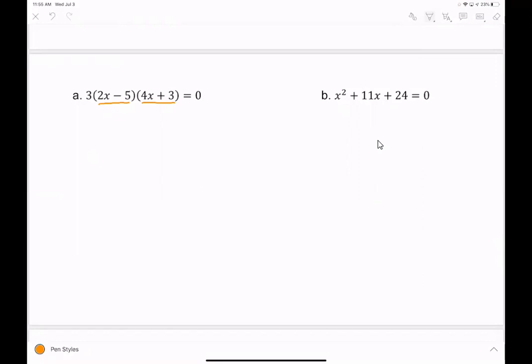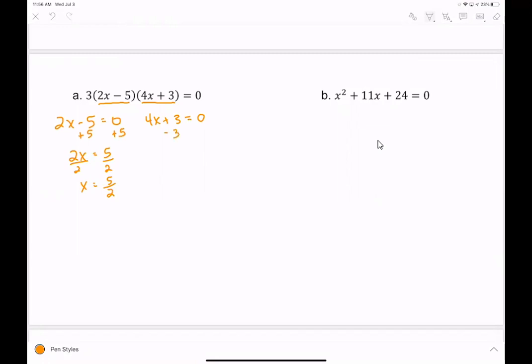So for this particular equation, all we have to do is set each factor with a variable equal to 0, and then we solve the resulting linear equation. So remember your steps. I'm going to rearrange by doing the opposite, and then I'm going to divide by the coefficient so that I have a 1 in front now. And that gives us one of the solutions to the equation.